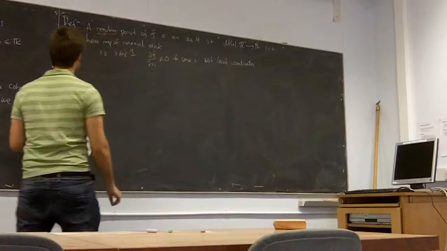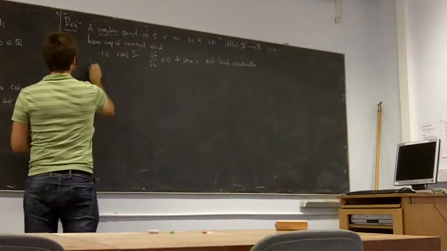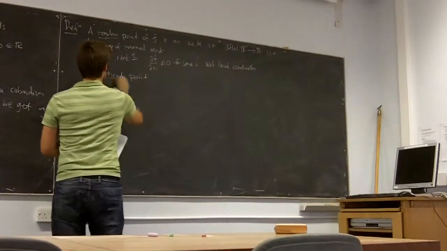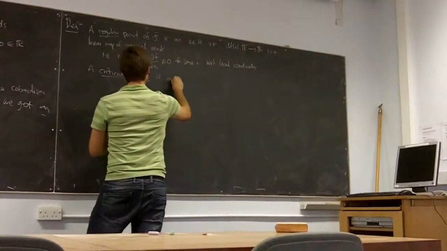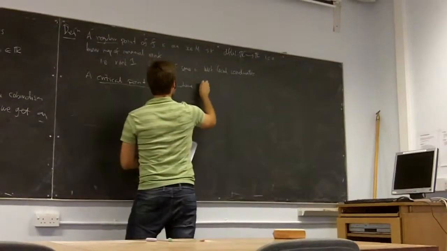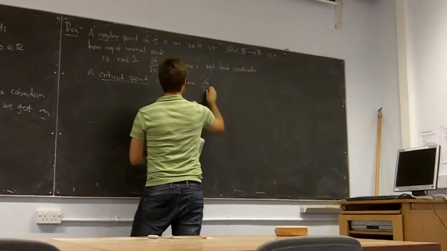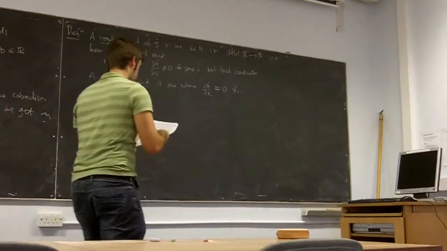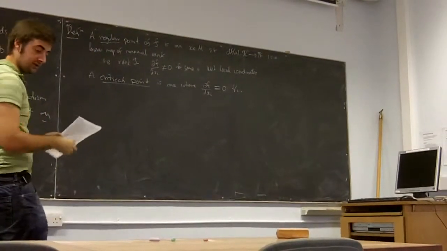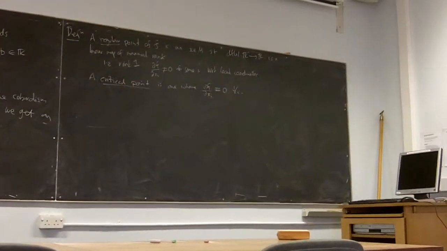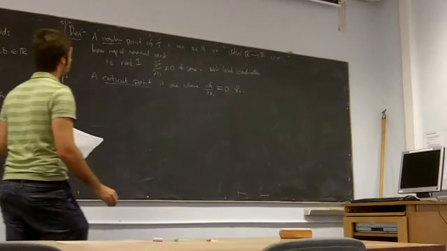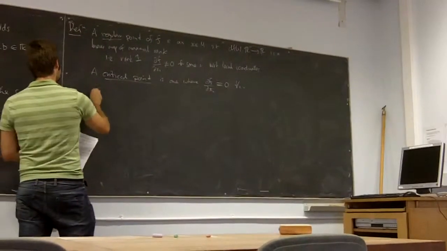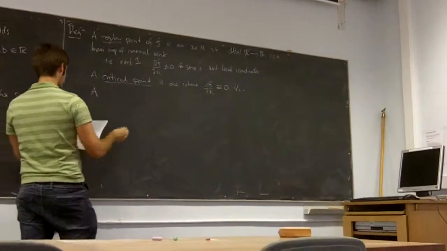If they do all vanish, we say that it's a critical point, again with respect to local coordinates. And then the images of these points are called regular if all the pre-images are regular points, and critical otherwise.